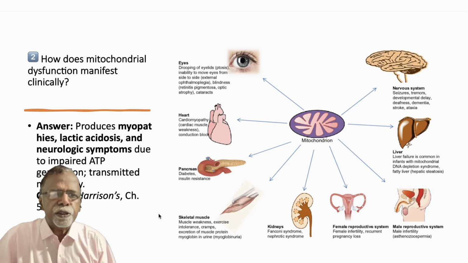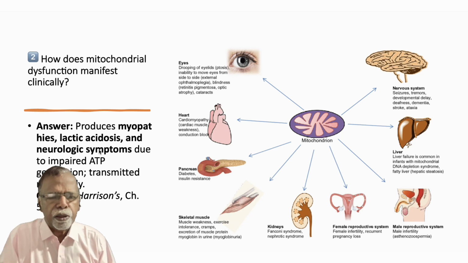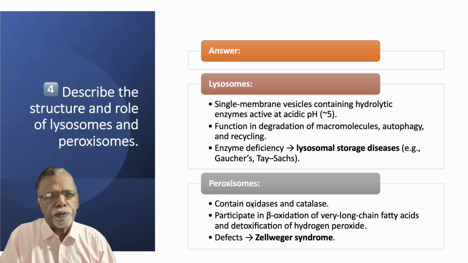One or two diseases are important. One produces myopathies, lactic acidosis, and stroke-like symptoms. They are called MELAS and MERRF, about which you will study later. So remember, mitochondrial function is essential for all the organs.